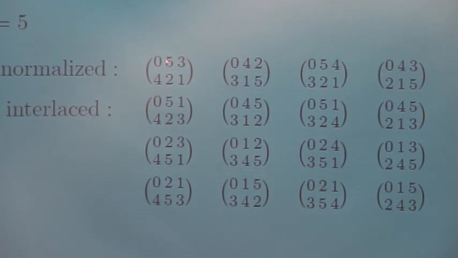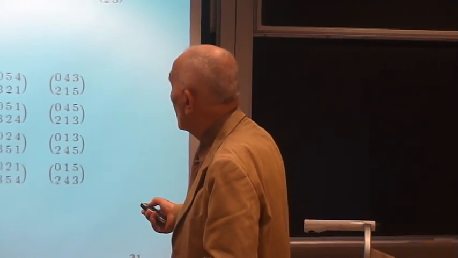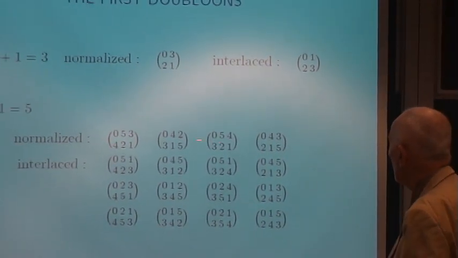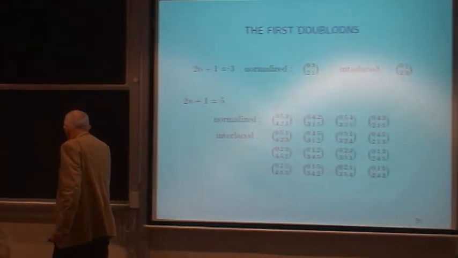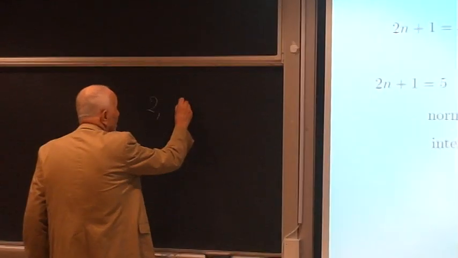So we started in each case from one normalized doublet, and we applied the microflips to the second and third columns. Together, here is 16.